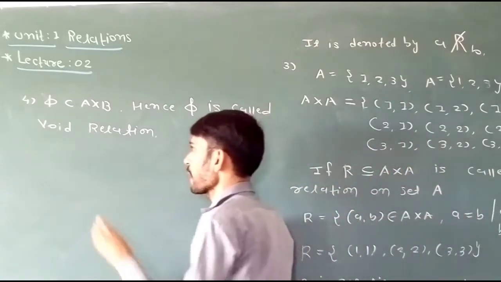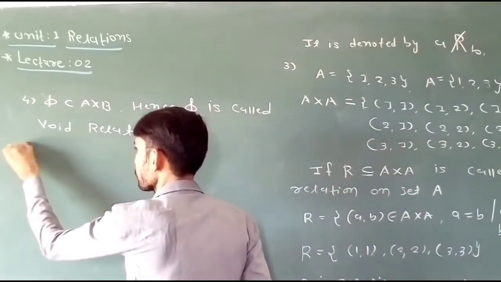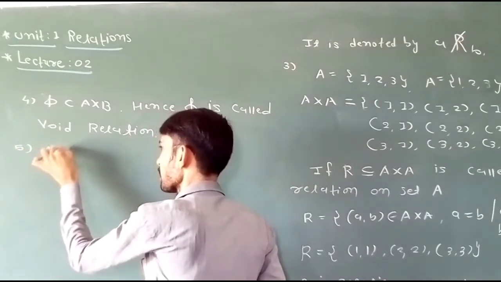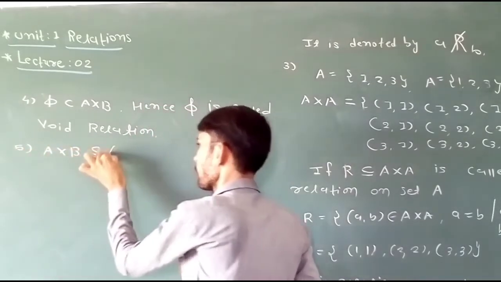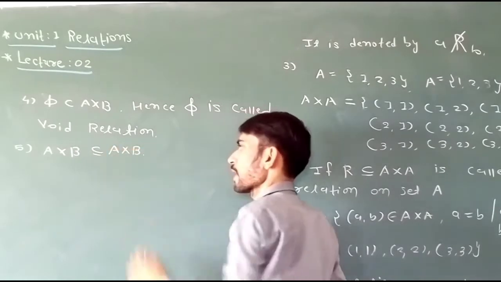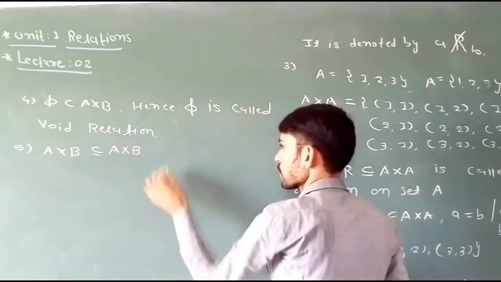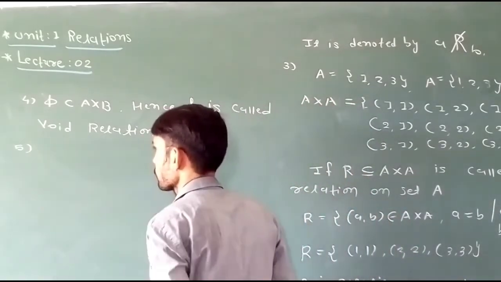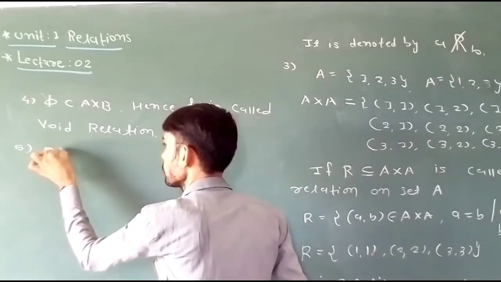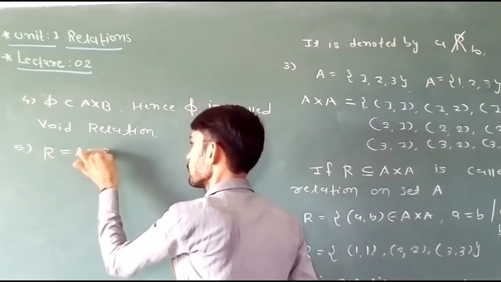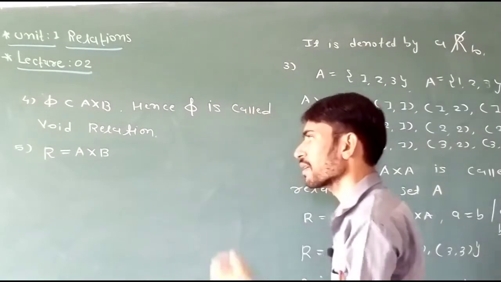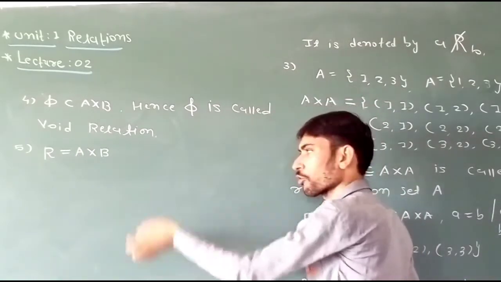So in the fifth note we write this thing. Cartesian product A cross B is a subset of itself. Hence, we write here R is equal to A cross B. Relation is the Cartesian product A cross B itself.